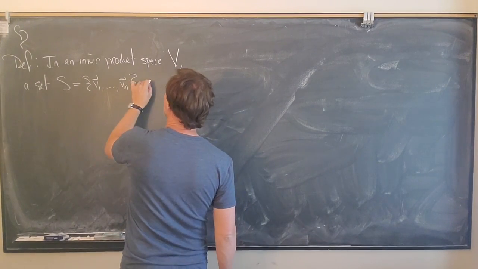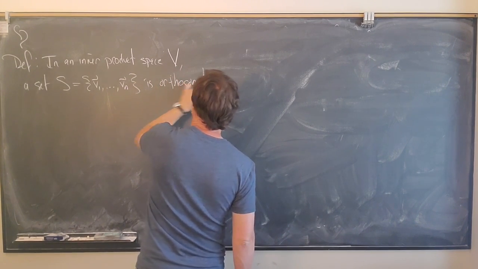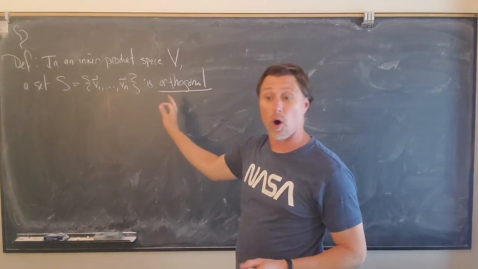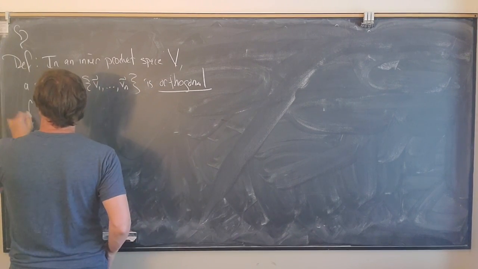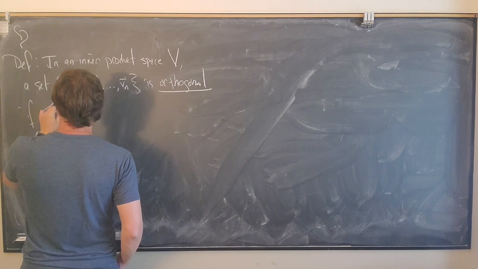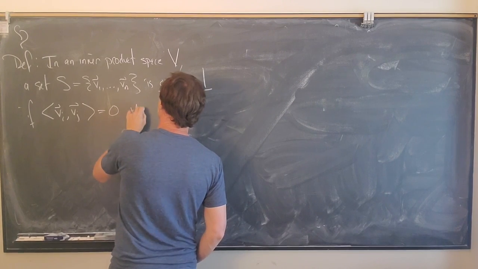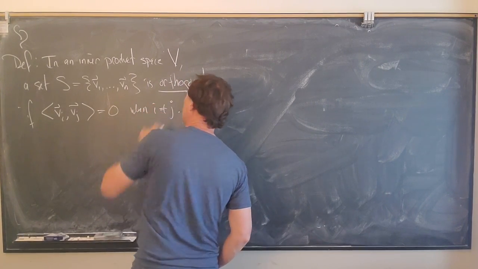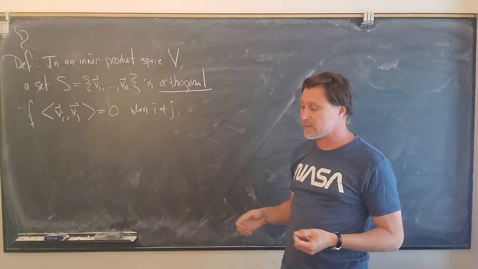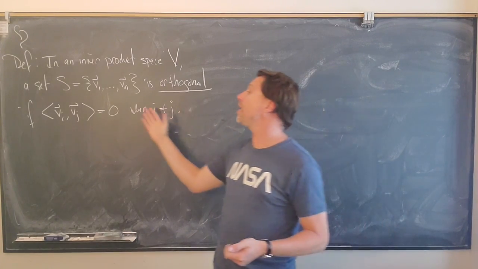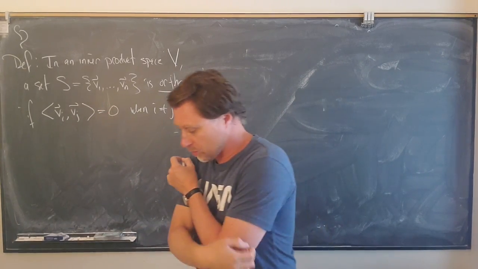So the set is orthogonal if every vector is orthogonal to all the other vectors. And so that would go something like this. If the inner product of Vi with Vj is equal to 0 when i is not equal to j. So whenever we take two distinct vectors from the set, take their inner product, if we get 0, that means that they're orthogonal. If you run through all possible combinations of v sub i's with v sub j's and get 0 each time, then we say that the set is orthogonal.